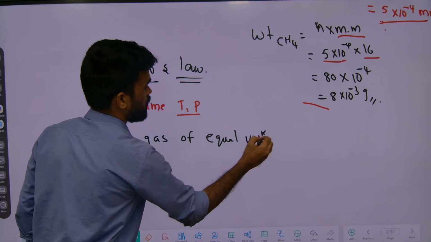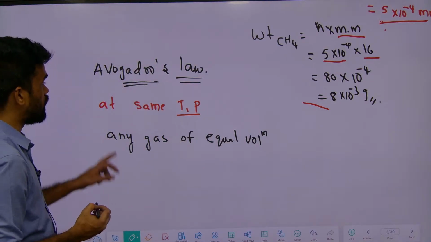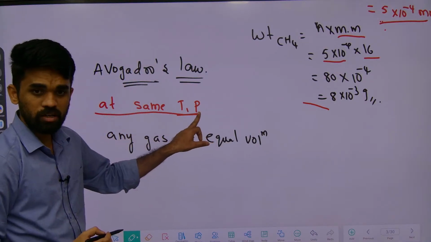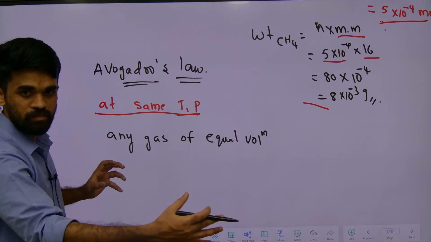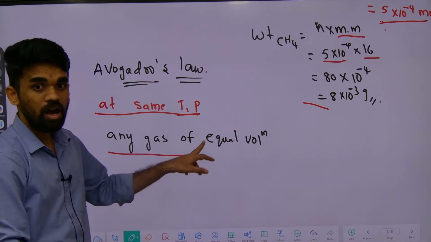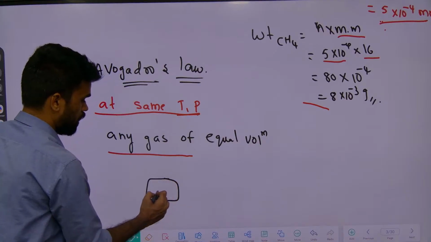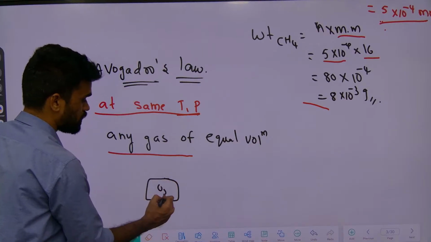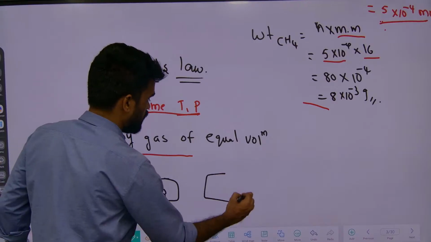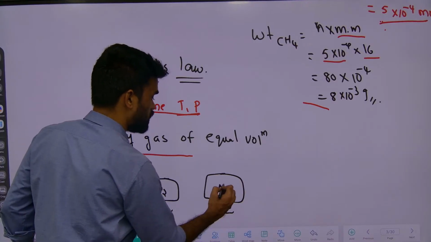This is an experimental observation. What he found, at same temperature and pressure, he took different gases. That's why I am saying any gas of equal volume. For example, I am taking 1 liter of O2 gas here, and here 1 liter of N2 gas, or whatever gas you want, you take.